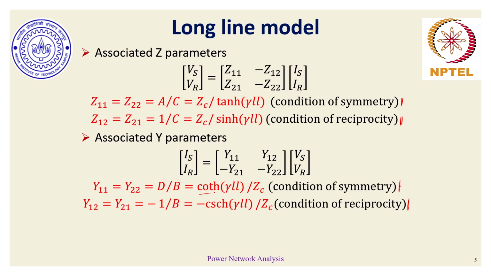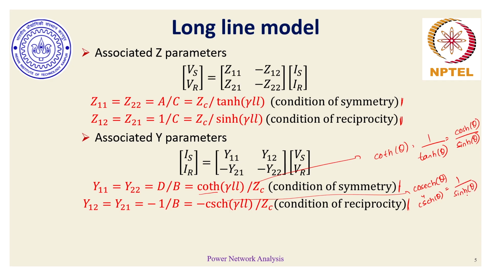Here, cot hyperbolic of theta is nothing but 1 by tan hyperbolic theta, which is also equal to cos hyperbolic theta divided by sine hyperbolic theta, because tan hyperbolic theta is sine hyperbolic by cos hyperbolic. And cosec hyperbolic, also in short written as CSCH theta, that's also an acceptable terminology, is nothing but 1 by sine hyperbolic of theta.